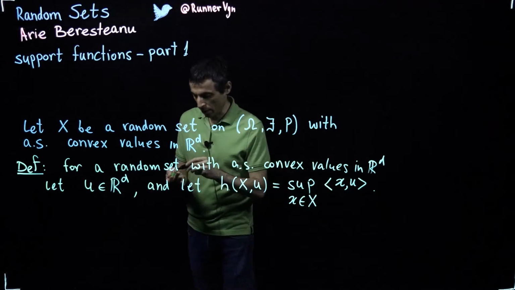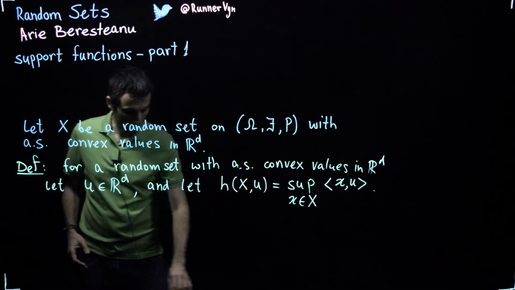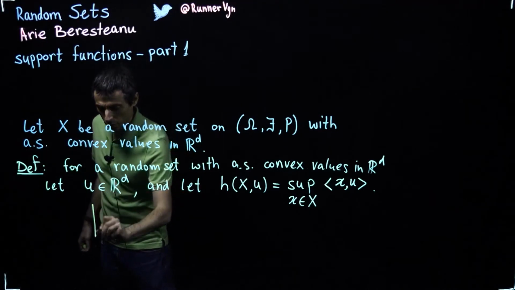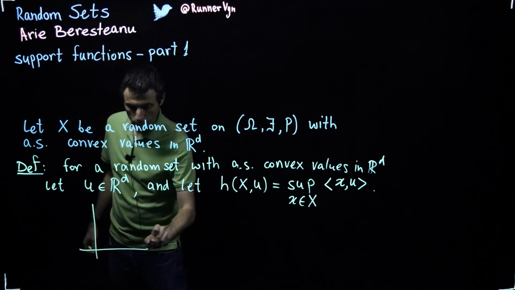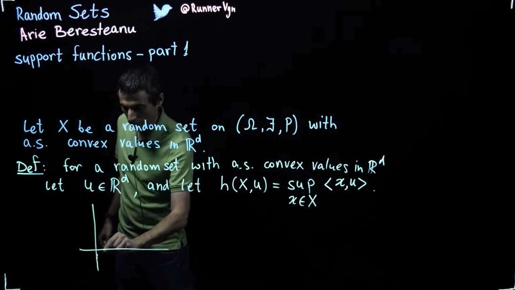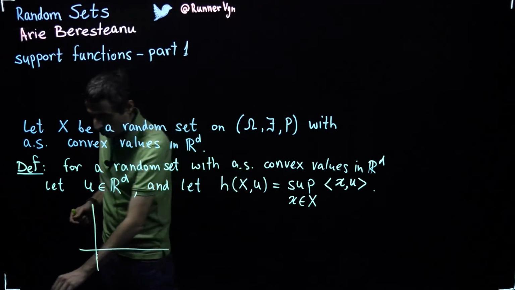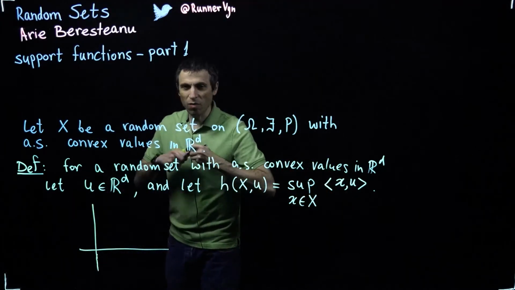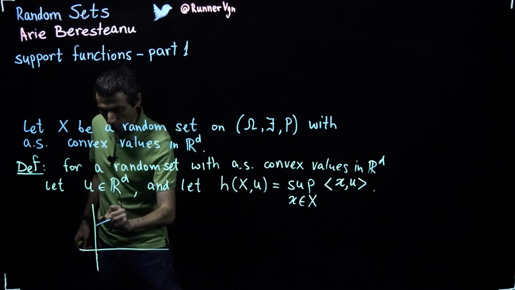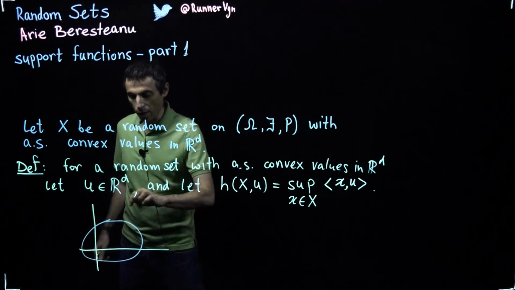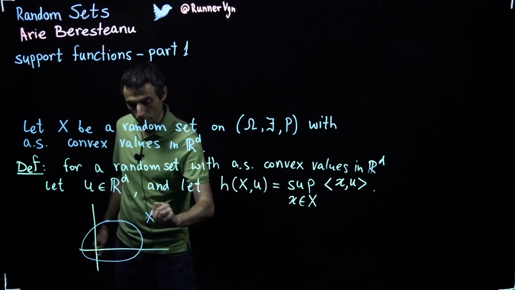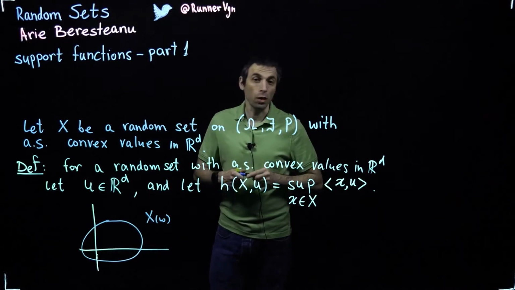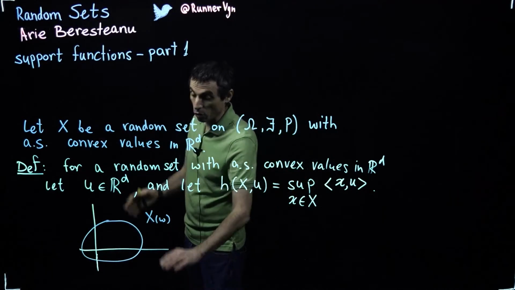Now let's give a graphical illustration of this definition. I'm going to use R^2. I'm not going to attempt making a diagram in R^7. So suppose at a certain value of ω, so this will be for every ω, let's say we have X(ω). X(ω) is this oval-shaped set which is convex.